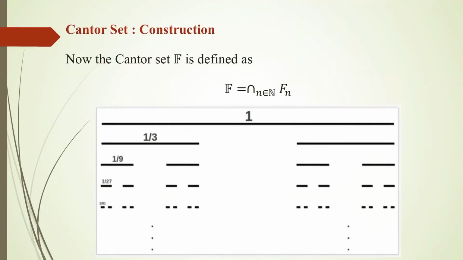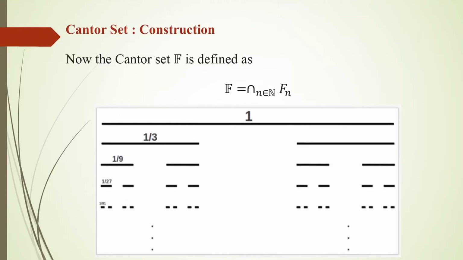Okay. So the Cantor set F is defined as the intersection of all these Fn's. So we will denote it by bold F. F is equal to the intersection over n in N, the natural numbers, of Fn. Okay, so here you can see the construction.